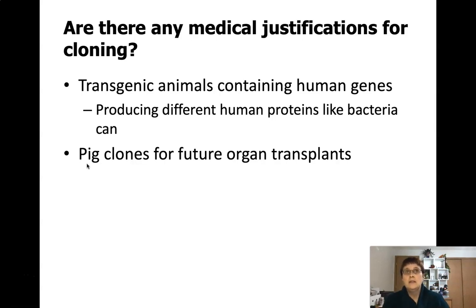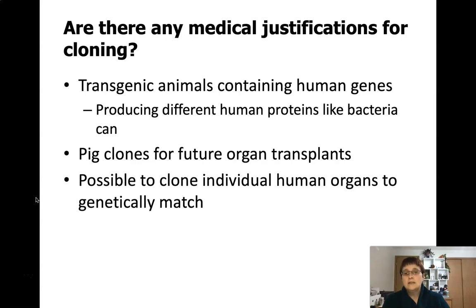And then you've also got the possibility, and this is kind of where we want to go: not cloning entire humans, but cloning individual human organs for a genetic match. Like I talked about with membranes, making sure that the fingerprints of the different proteins were matching on the cell membranes. Well, the best way to do that is to have your own cells making up that organ.